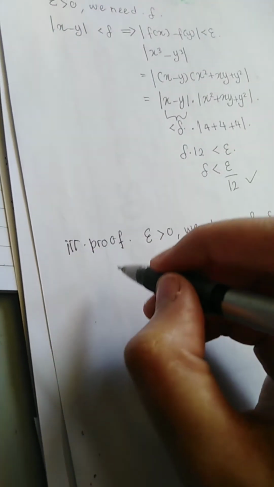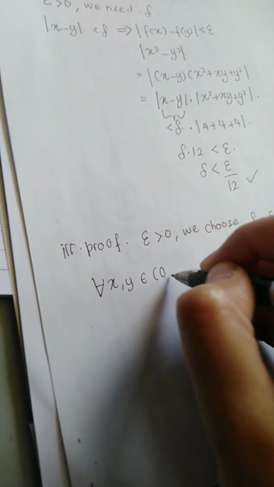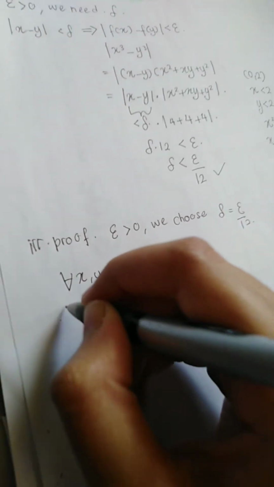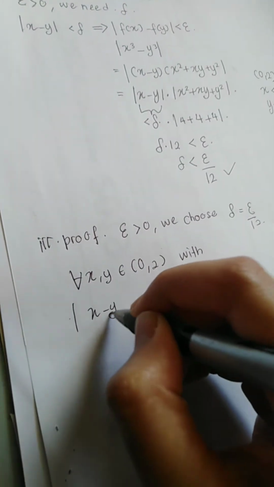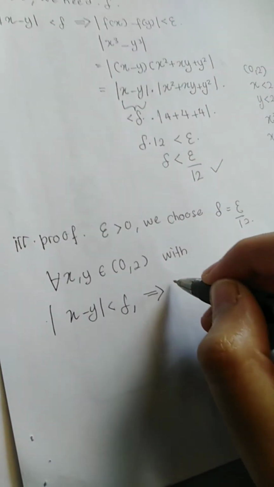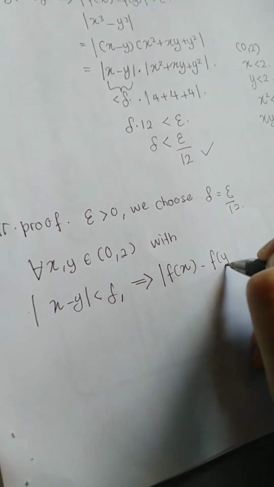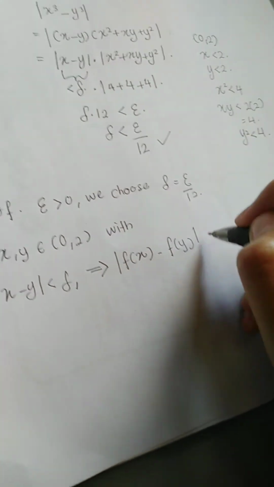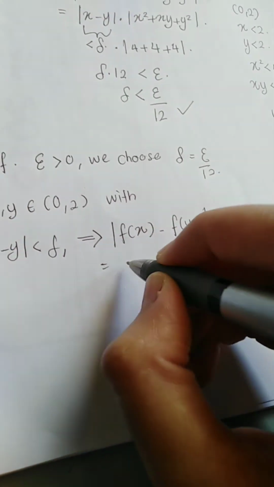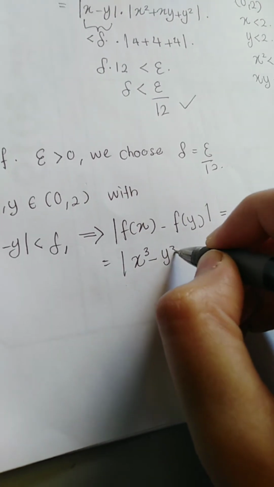Then we have for all x, y in the interval [0, 2] with the absolute value of x minus y less than delta, the absolute value of f(x) minus f(y) is, as I wrote here, the absolute value of x cubed minus y cubed.